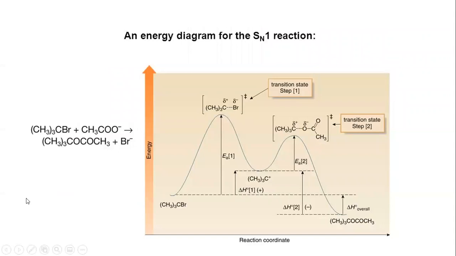So just to show you some of the characteristics of an SN1 reaction. So here we have a tertiary alkyl halide. Notice that there are three carbon groups attached to the carbon, which is directly attached to the halide. So if you were to draw this, it would look like this.